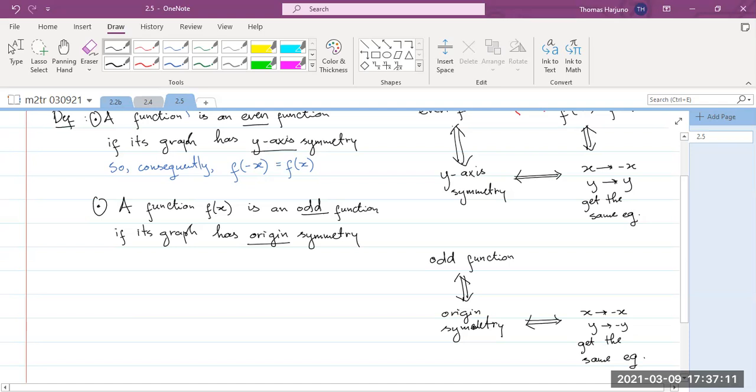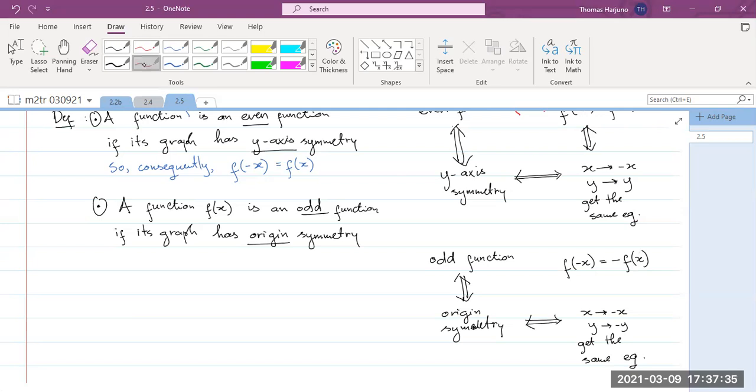In other words, when we replace the x by negative x, the outcome will be the same as the opposite of that y. If we replace x by negative x, then the y will be negative y.